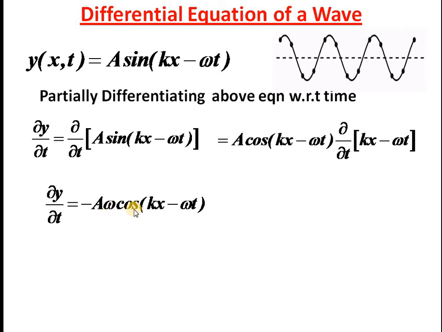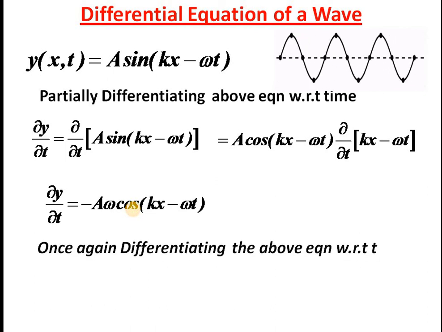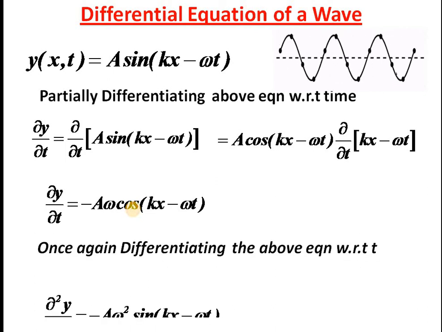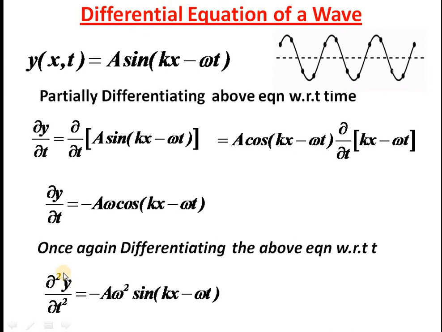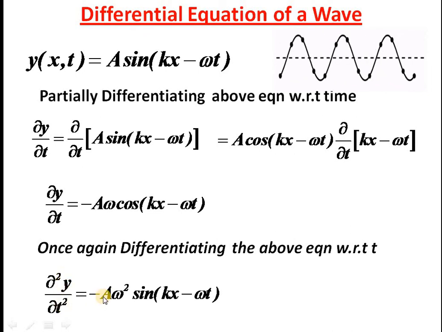We differentiated the above equation partially with respect to time. We will once again differentiate the above equation partially with respect to time. Then what will happen? We can write ∂²y/∂t² is equal to minus a.